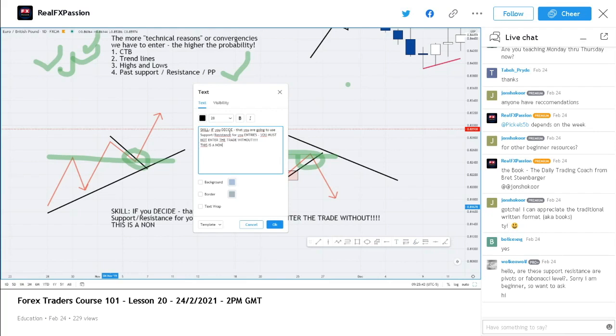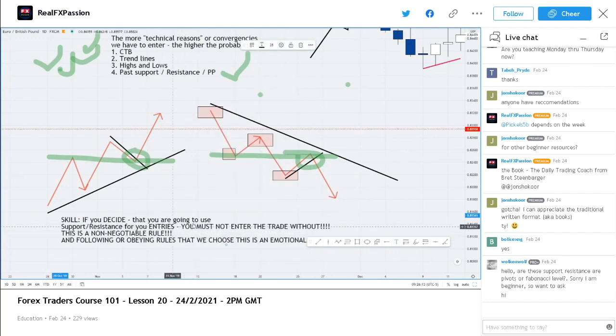This is a non-negotiable rule. And following or obeying rules that we choose, this is an emotional skill, part of trading. Everybody? DMW says clear, sir. Hopefully.